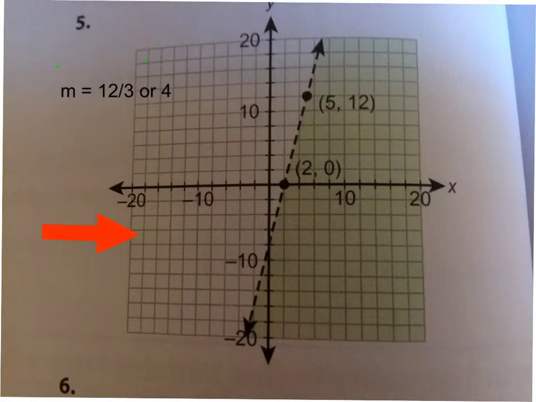And if we look right here, we can see what our intercept is. So 2, 4, 6, 8, negative 8.